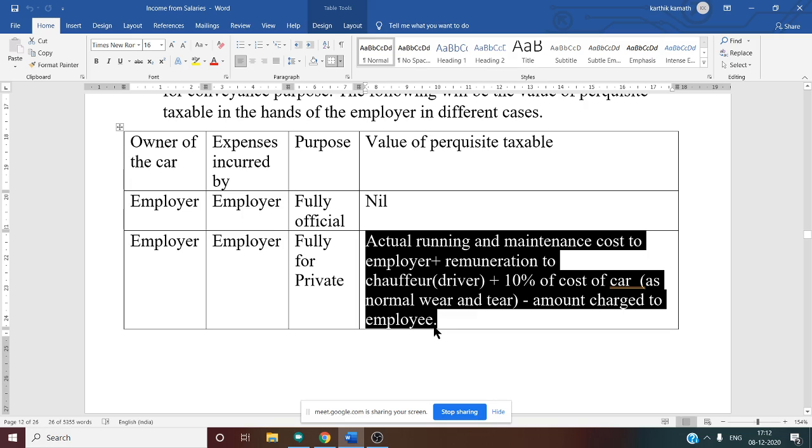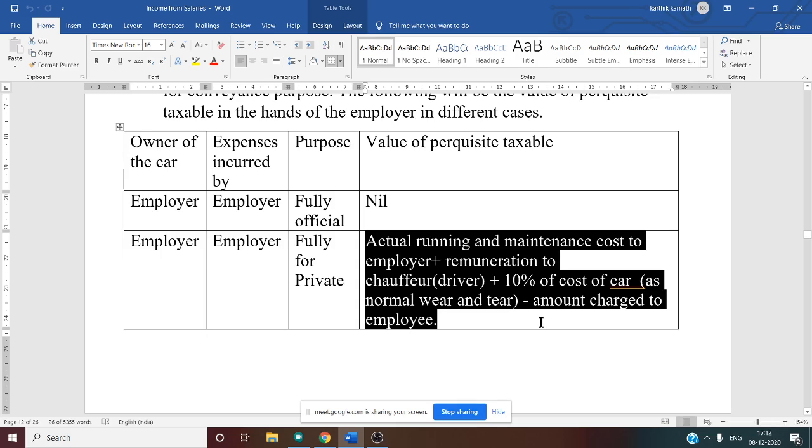It may be fixed in nature. For 1 year, this is the maintenance cost of the car. It may be 20,000, 30,000, 40,000, it may be anything. Then remuneration to the chauffeur or driver. You have to add the driver's remuneration, if a driver is provided, plus 10% of the cost of the car. Why?